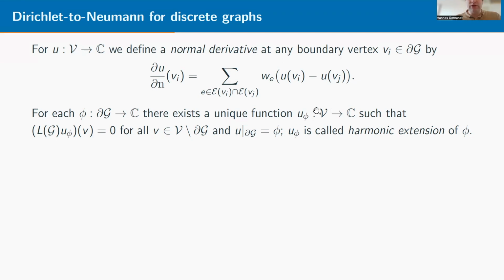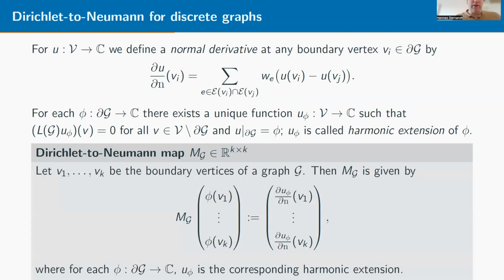Then there exists a unique function on the whole set of vertices which is 0 at all interior vertices, meaning the Laplacian applied to the function is 0 for all interior vertices. And if you evaluate this on the boundary vertices, it is precisely the function phi. This is a notion from the literature, called the harmonic extension of the boundary value phi.